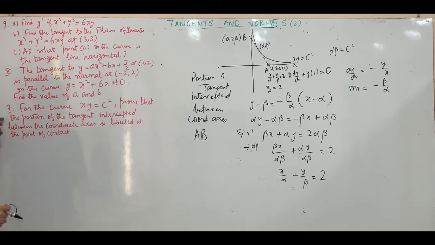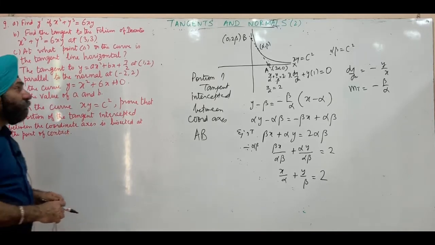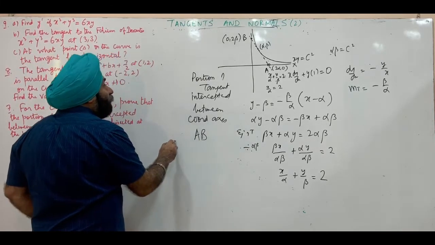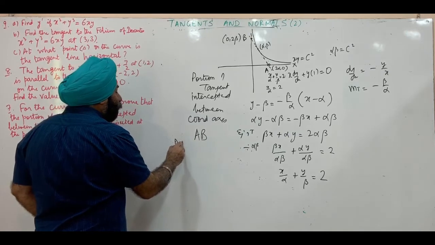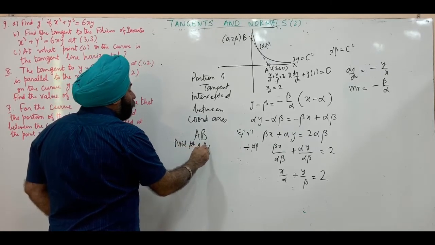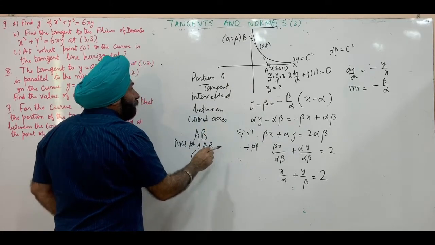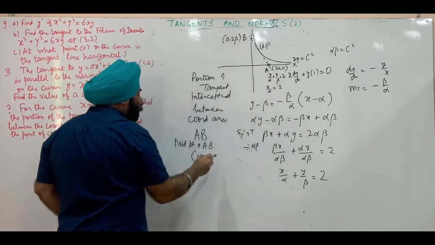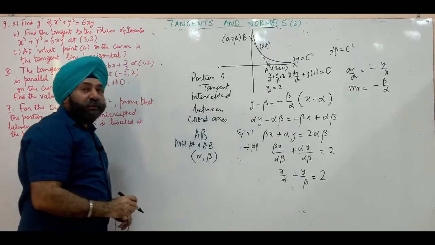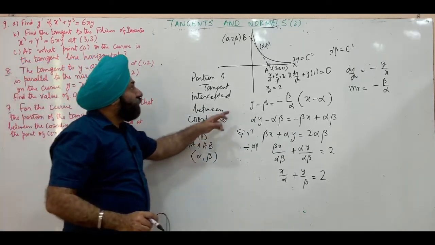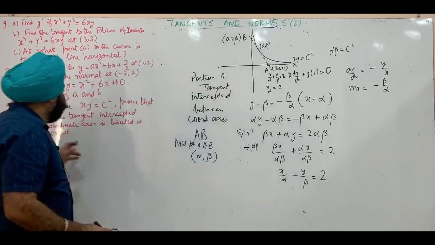We have to prove that the portion of the tangent intercepted between the coordinate axes is bisected at the point of contact. So find the midpoint of AB. This will be 2 alpha plus 0 upon 2, that is alpha, and 0 plus 2 beta upon 2, that is beta. So the midpoint of AB is the same as the point of contact. This is what we wanted to prove here.